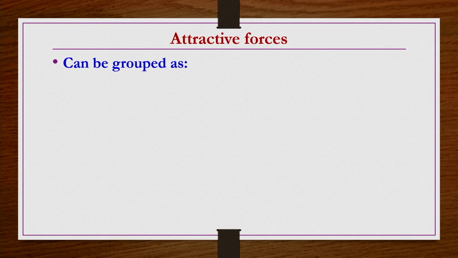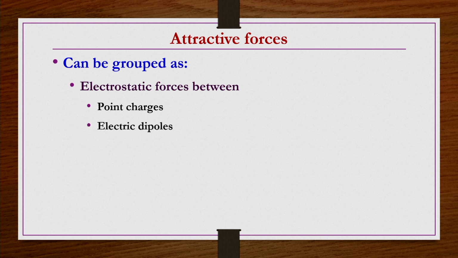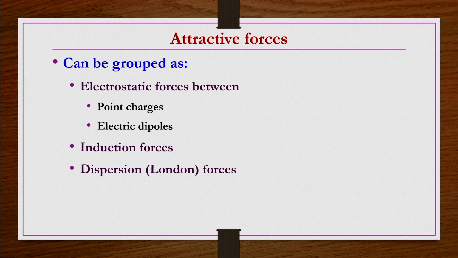Now let us start discussing the attractive forces. They can be grouped as electrostatic forces between point charges or between electric dipoles, induction forces, and dispersion forces or London forces. We will see each of them in detail, to understand how they bring in some kind of intermolecular potential, and because of that how the system behaves non-ideally.